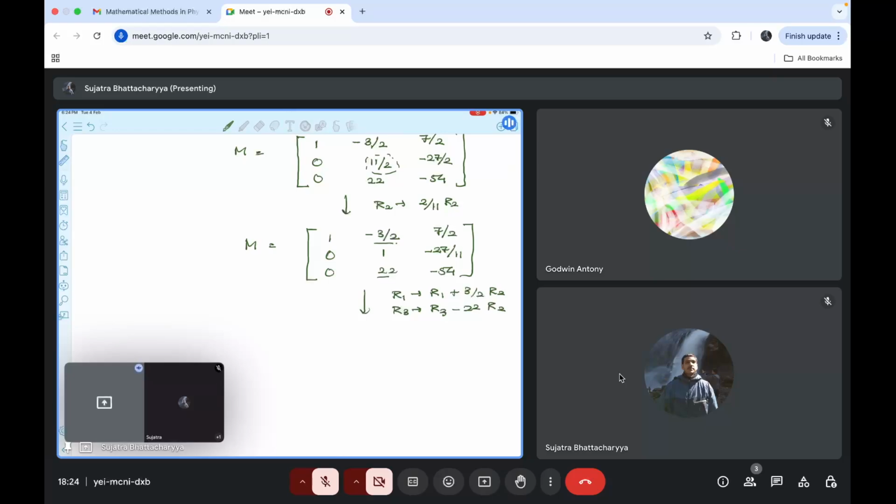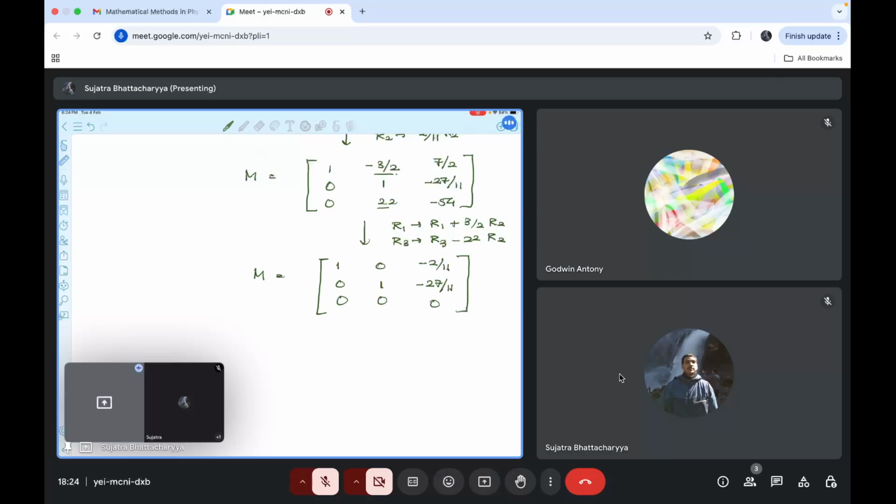So these are the steps which we will be following to get the row reduction of the second column as well. So 0, 1, 0 we will get. What about these changes here? It will be minus 2 by 11. This will be minus 27 by 11. And this will be 0. All right. So we have got finally up to this.